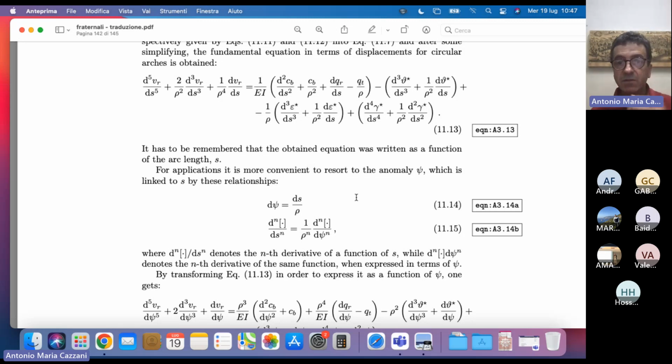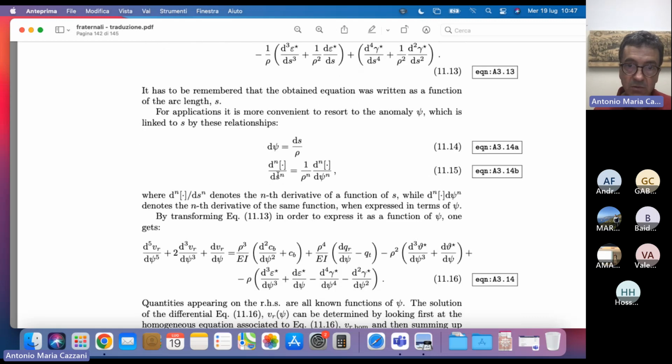For the arch, as we have seen, everything can be written in terms of the anomaly, psi, which is linked to the arc length by these relationships. And it is easy to see that nth order derivatives with reference to the arc length of any variable can be computed as nth order derivatives with reference to the anomaly psi by simply multiplying by 1 over r to the nth power.